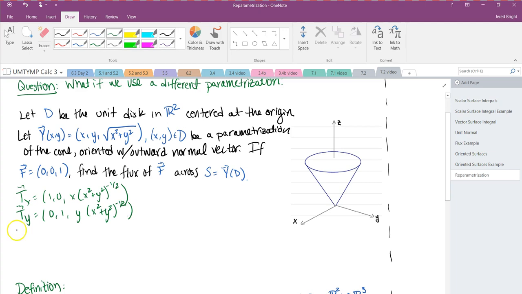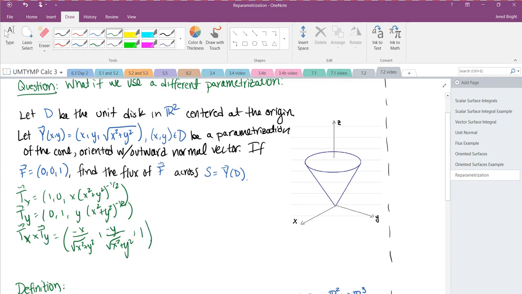Okay, and then when you cross them, Tx cross Ty, we end up with something that's a little nasty, but we'll deal with it. So we end up with negative x over square root of x squared plus y squared, negative y over square root of x squared plus y squared, and then 1.